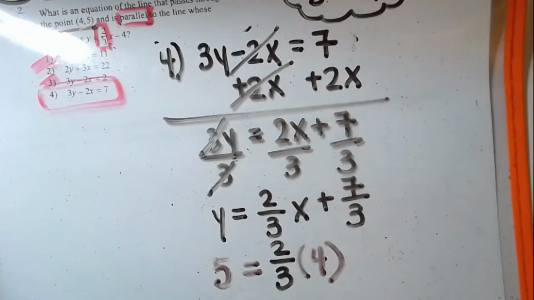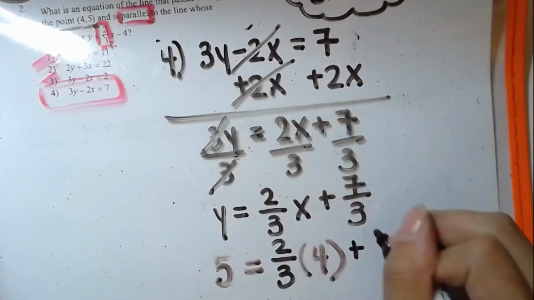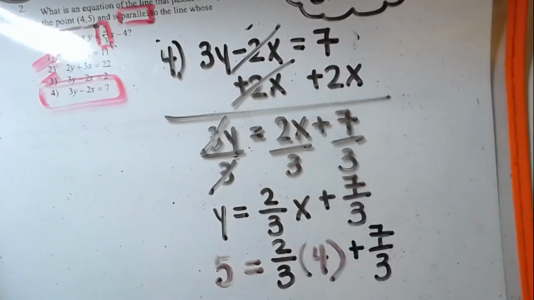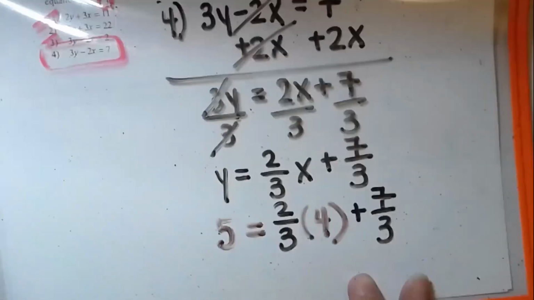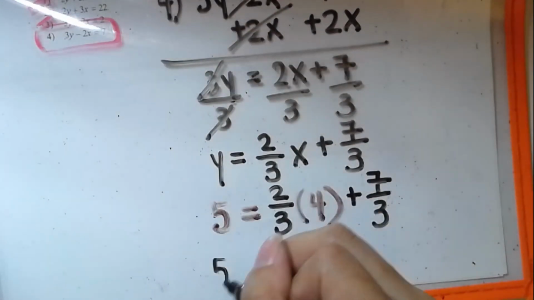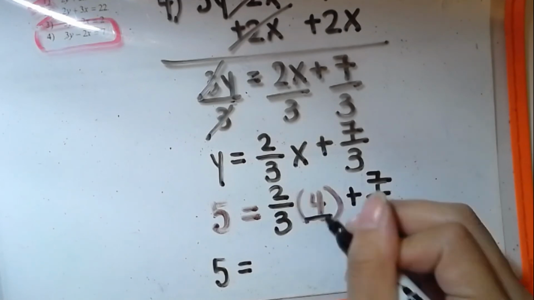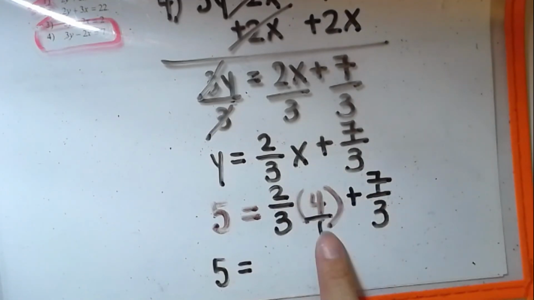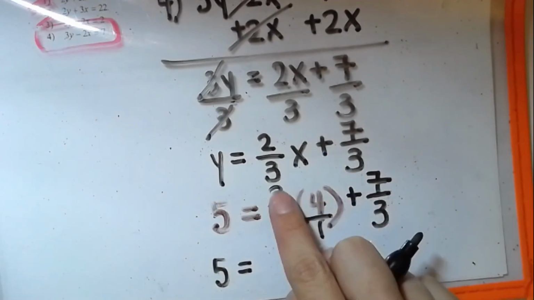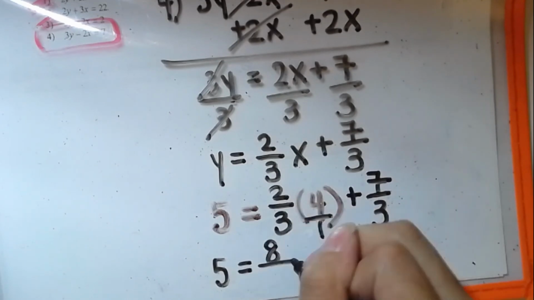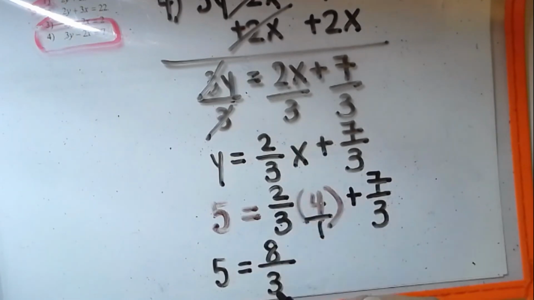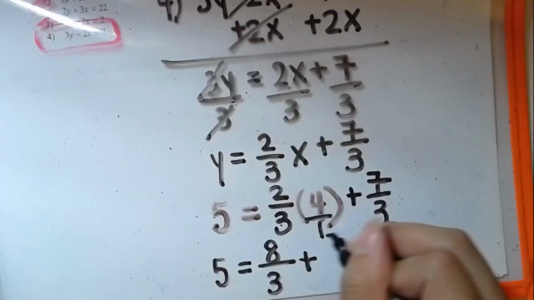And now we're going to see if this equation is going to be balanced. Now on the left side we have 5, and on the right side, again we can put that invisible 1 underneath the 4. 2 times 4 is 8. 3 times 1 is 3. And we'll add 7/3.